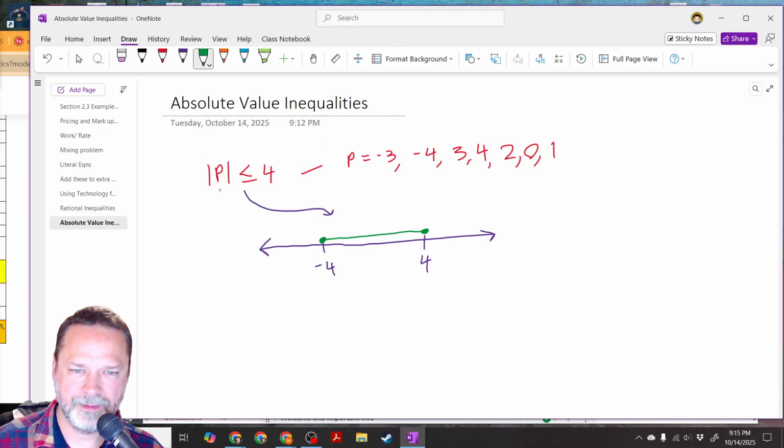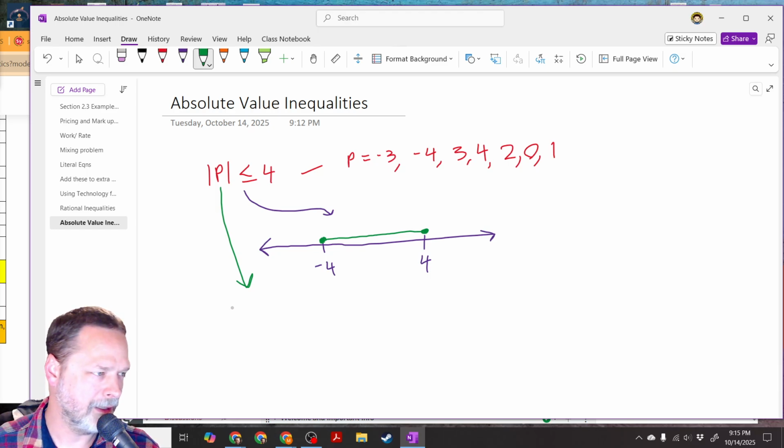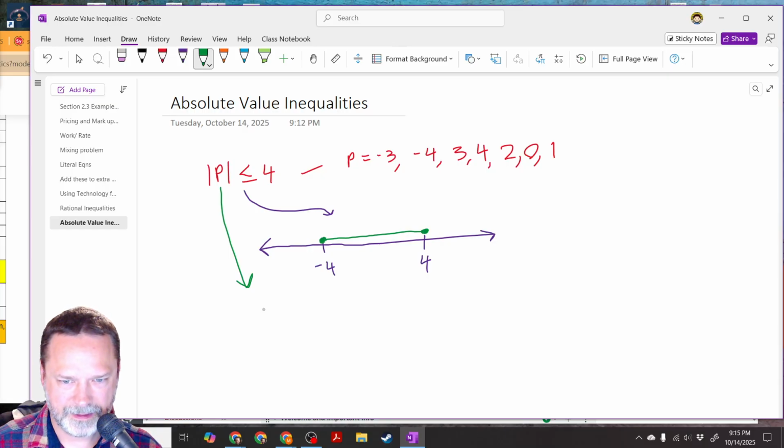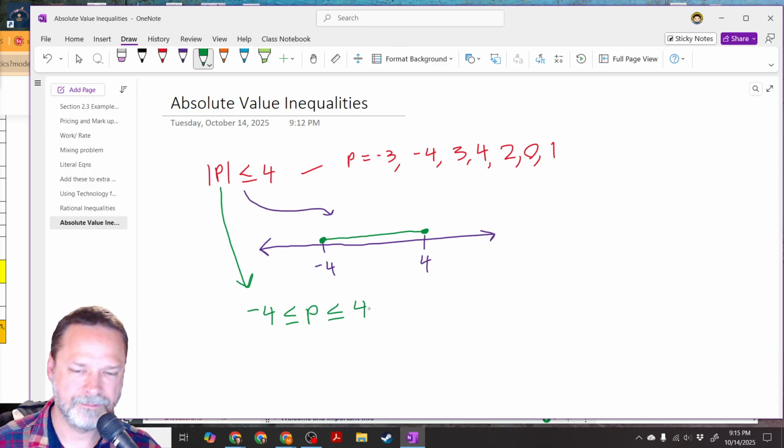All right, so this is also turning into a compound inequality. In other words, it turns into -4 is less than or equal to P is less than or equal to 4. And that's something to keep in mind.